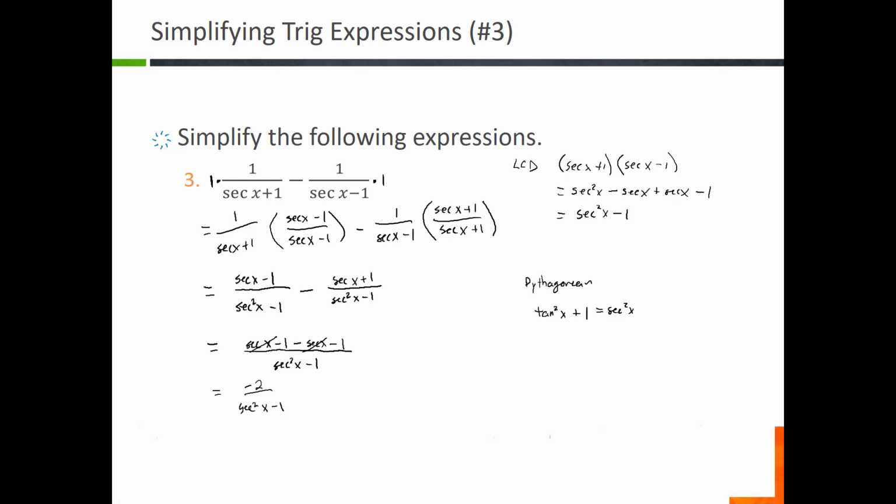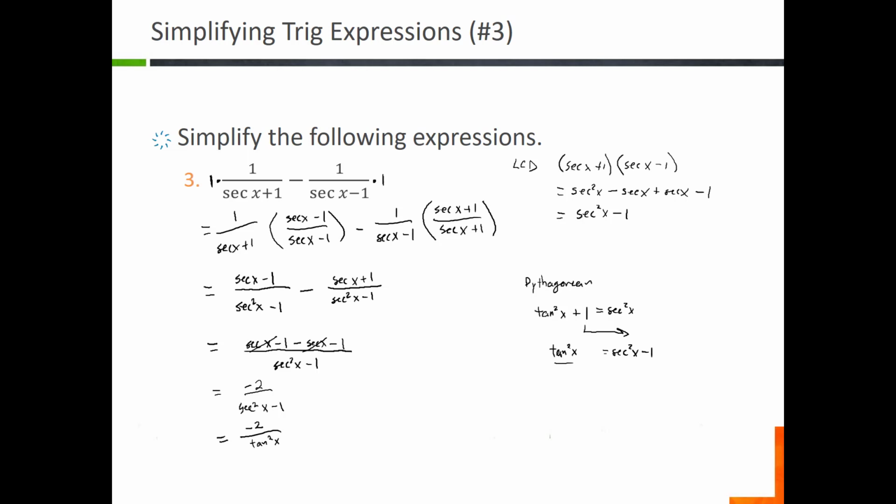So how do I relate this to this secant squared x minus 1? Well, if I take this plus 1 and subtract it over, then on the right side I'll have secant squared x minus 1, which is what we're looking for, and what's going to be left on the other side is a tangent squared x. So I can take this tangent squared x and replace it down in the denominator here. So we have equals a negative 2 over a tangent squared x.